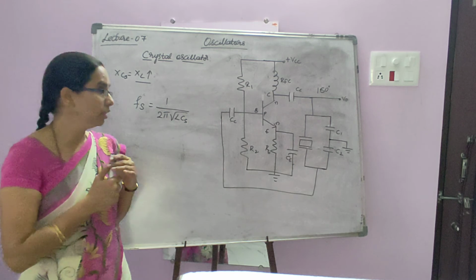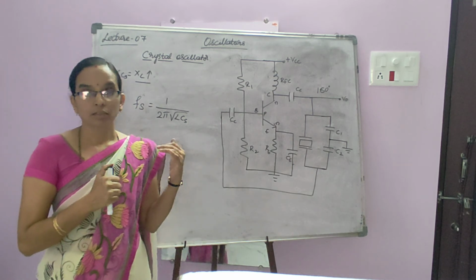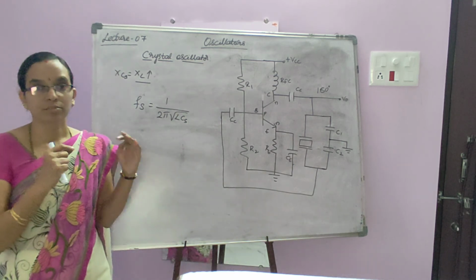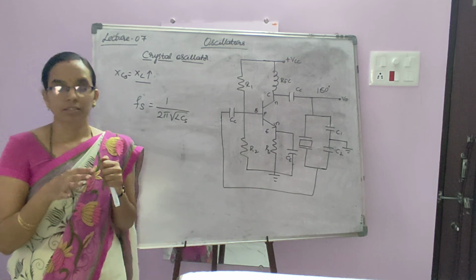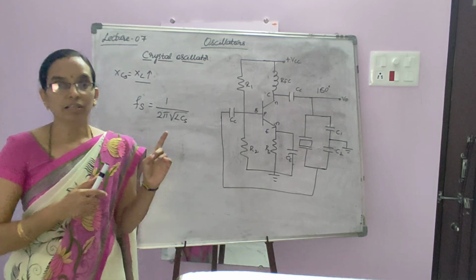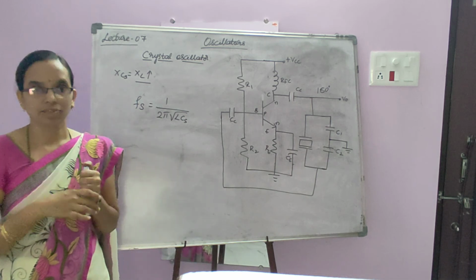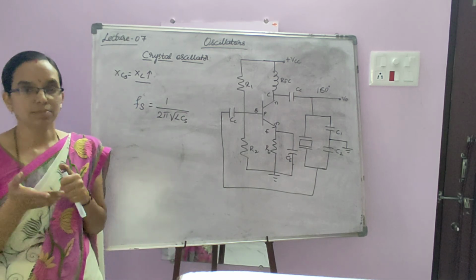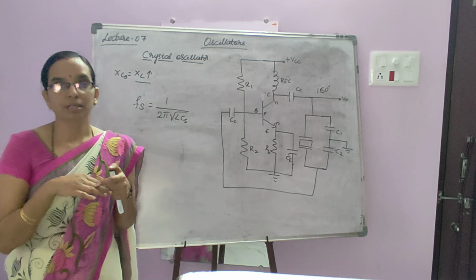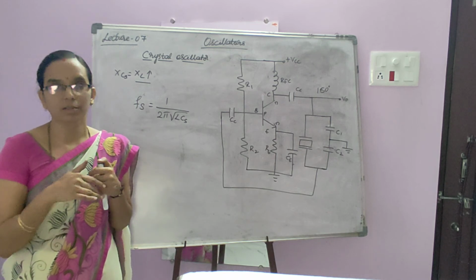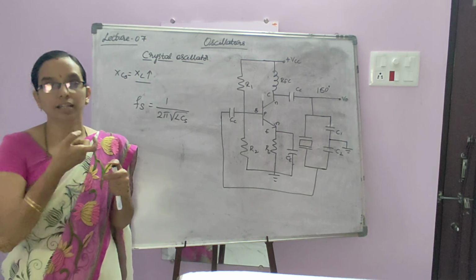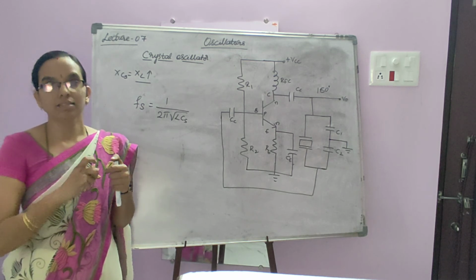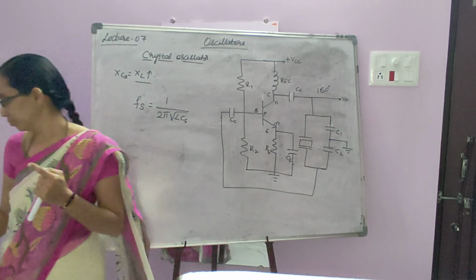Here, once the crystal is cut and mounted, it cannot be replaced easily. So it is going to oscillate at a single frequency. Replacing the crystal is again difficult because the frequency of oscillation depends on the crystal cut and the thickness of the crystal.